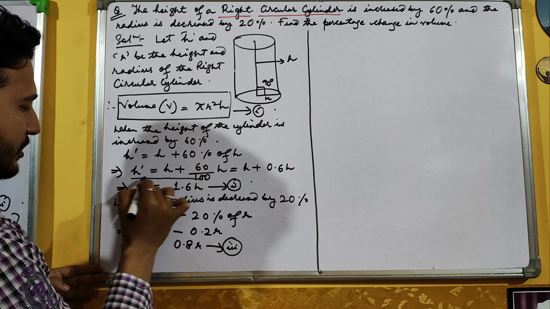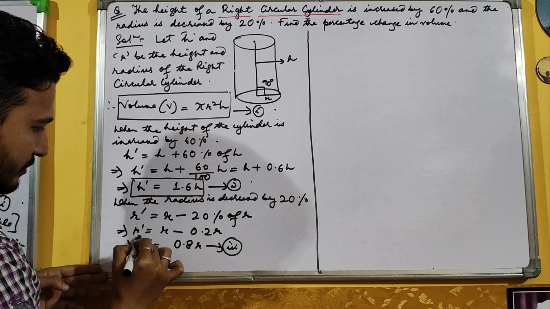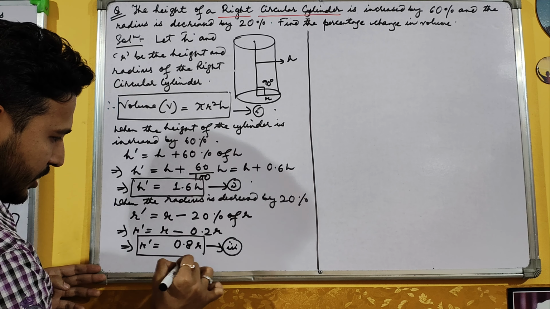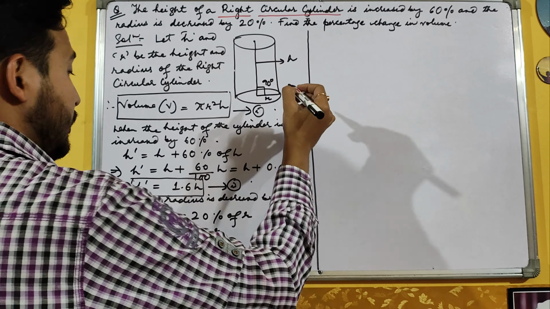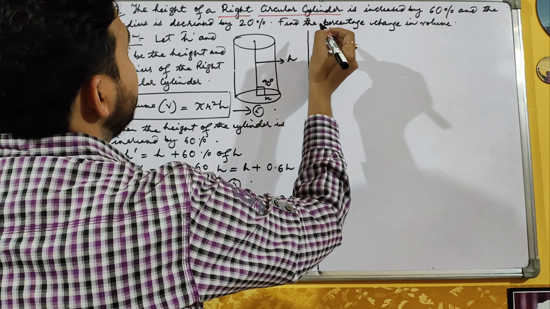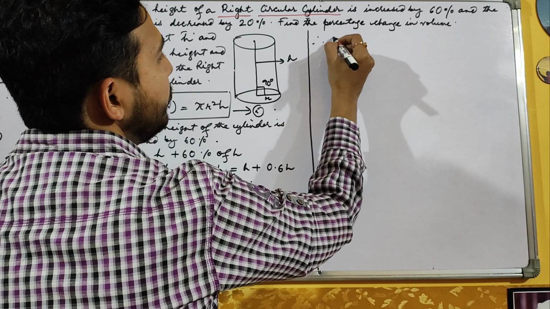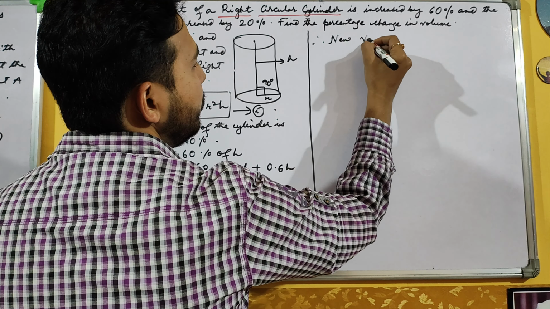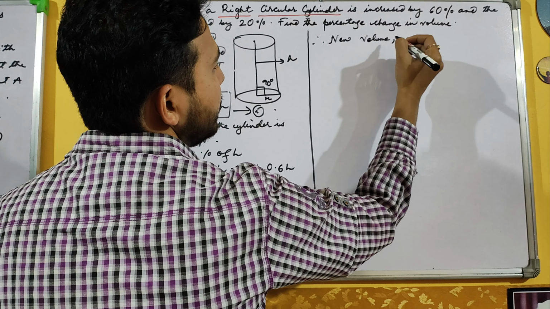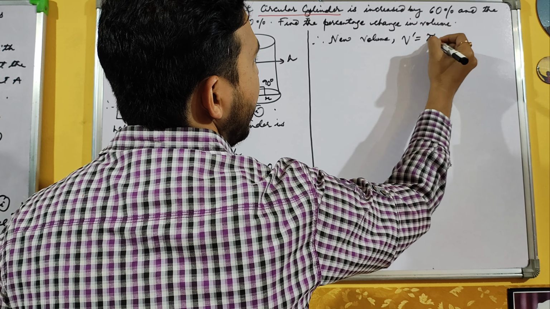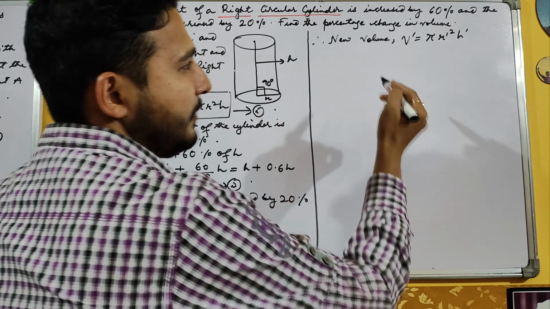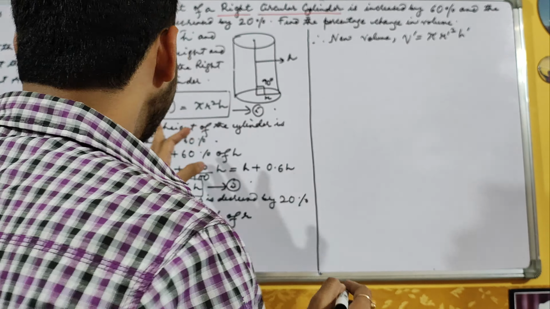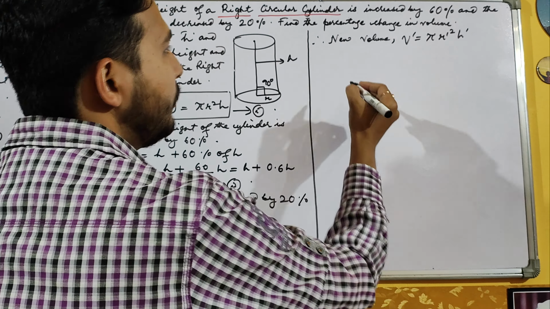I'm making such boxes so that you can check those while substituting. Now let's find out the new volume. Therefore new volume, which is nothing but v dash, is equal to pi r dash square h dash. देखो सब में डैश डैश दे दिया है. डैश मतलब होता है कि न्यू वन, द न्यू हाइट, द न्यू रेडियस, द न्यू वॉल्यूम.